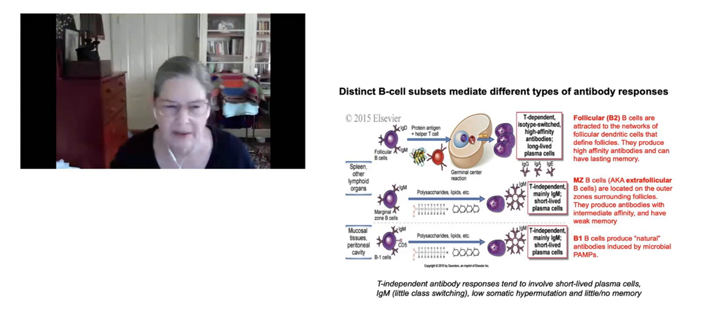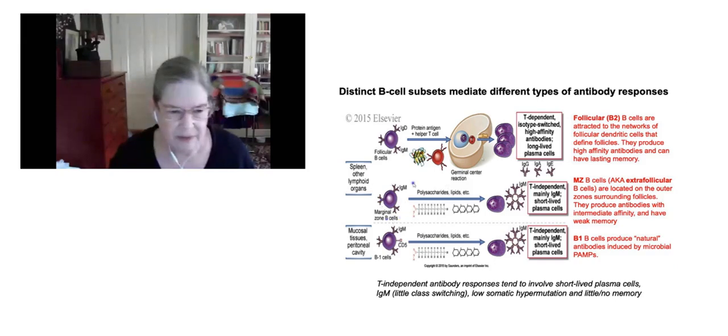Once they get activated by antigen, they'll go out and look for a T cell, one that's been activated too, as I'll show you in a minute. These guys work together to form T-dependent, isotype switched, high affinity antibodies with long-lived plasma cells. They can switch to IgG, IgA, IgE, whatever, from IgM. They originally start out as IgM.